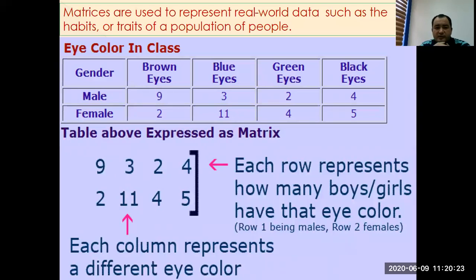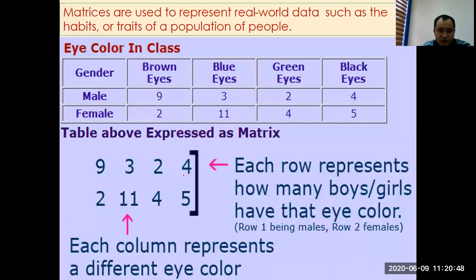All right, matrices are used to represent real-world data such as the habits or traits of a population of people. And here we have, for example, let's say eye color in class: brown eyes, blue eyes, green eyes, black eyes, right? Male, female. As you see here, if I just close this part and this part, if I just put a rectangle bracket here, what do you see? What we see here is a matrix, right?